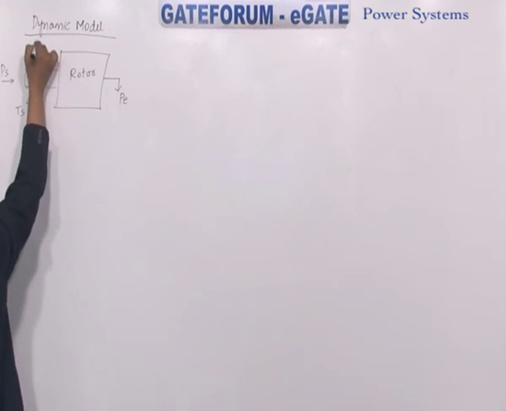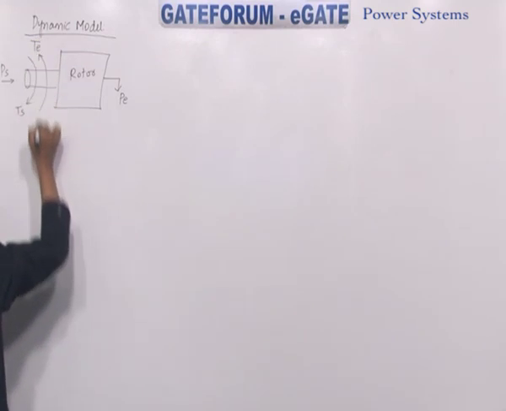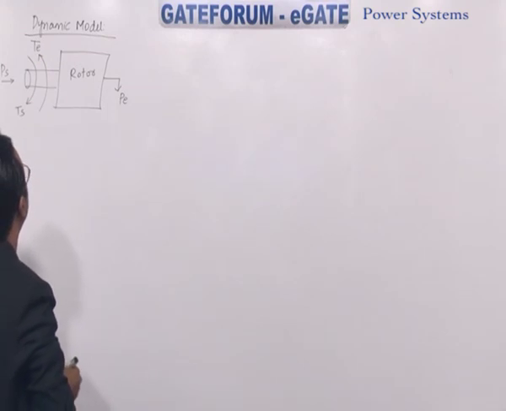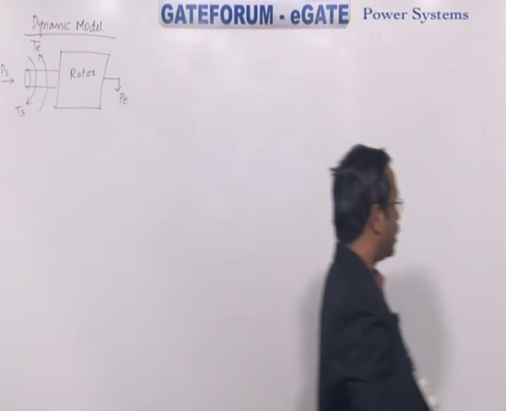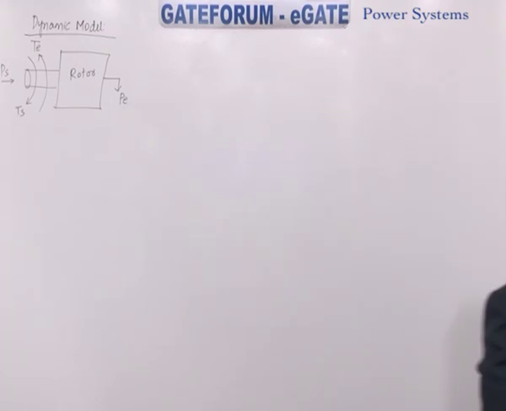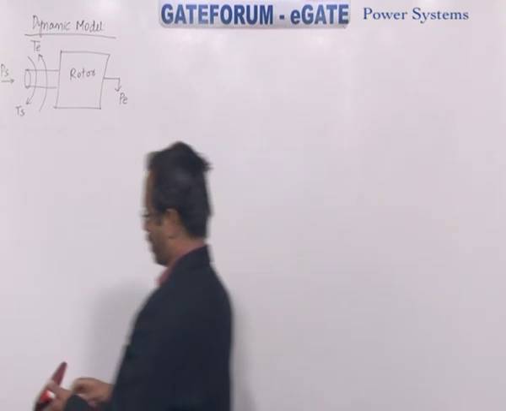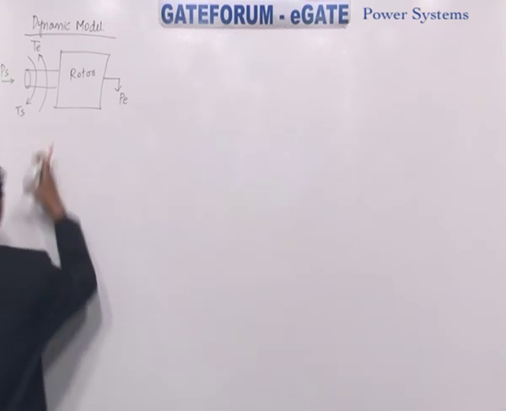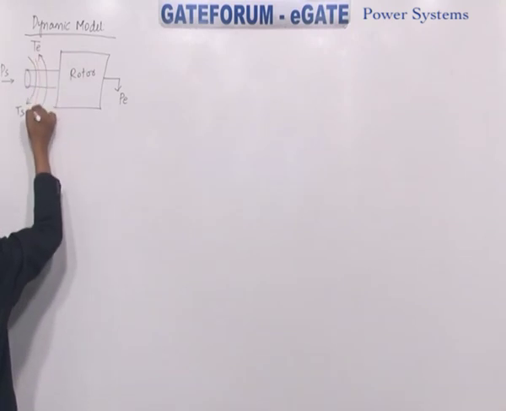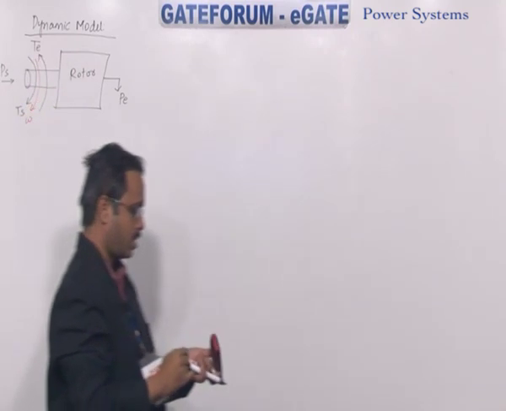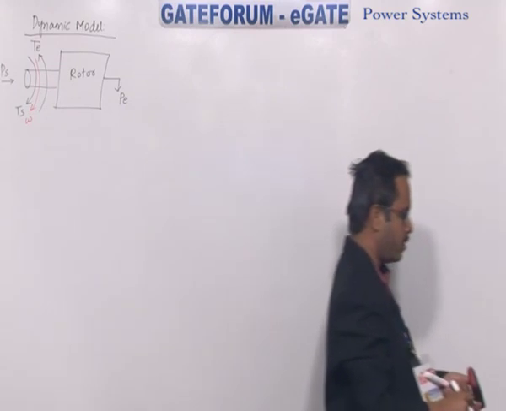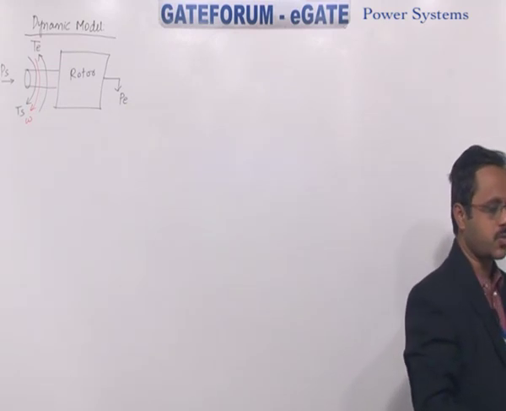In the opposite direction we have the electromagnetic torque. And what about the speed of the rotor? The direction of rotor speed is the same as this omega. It is the same as that value. How much here? It is omega.